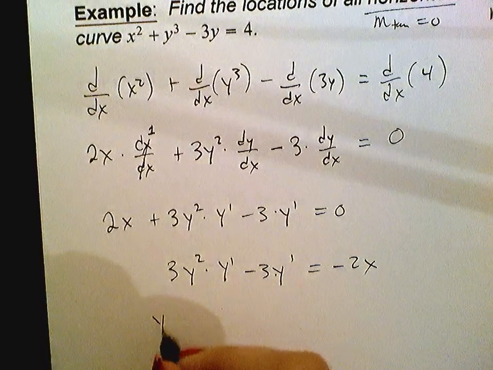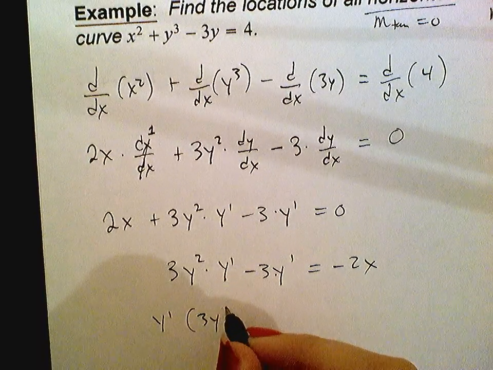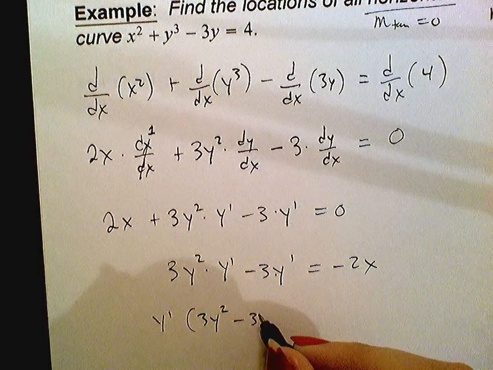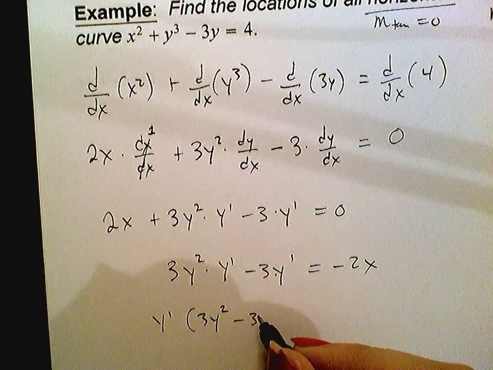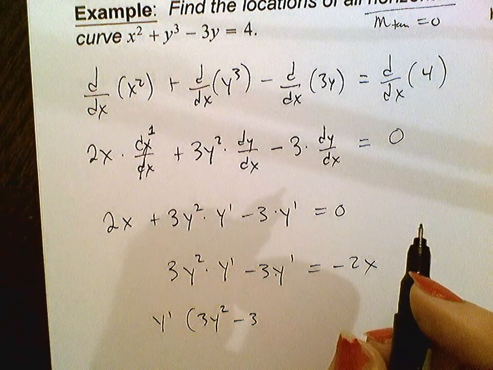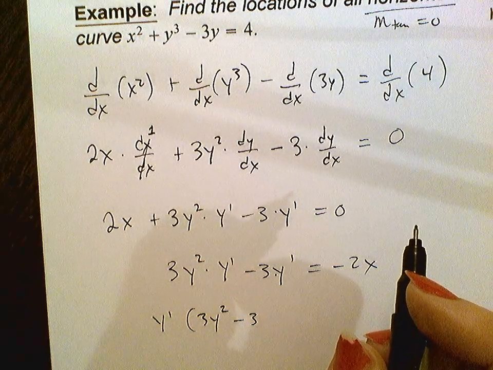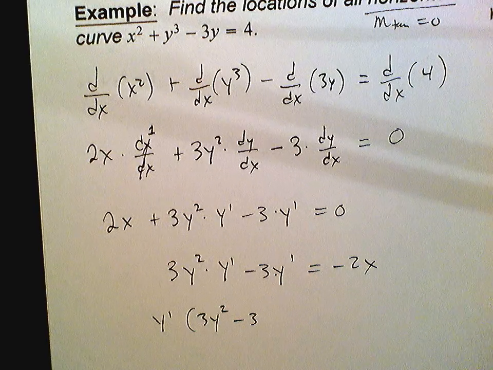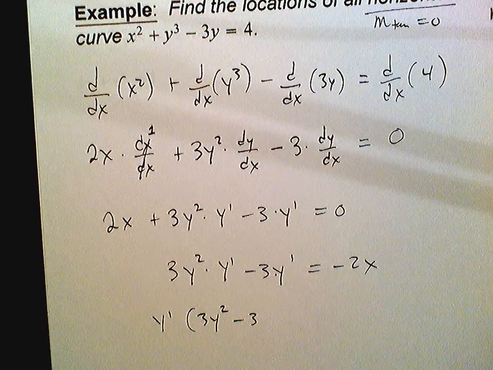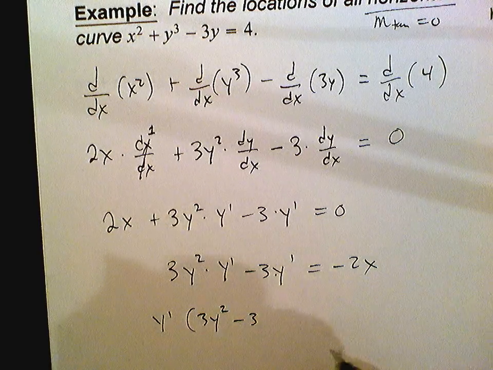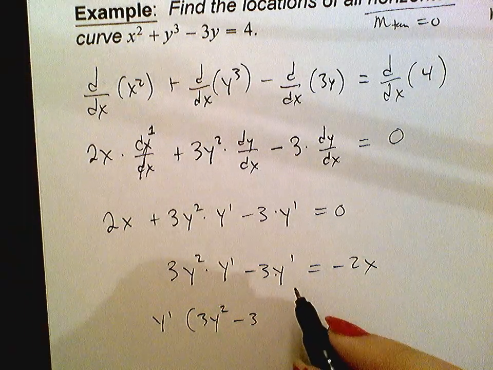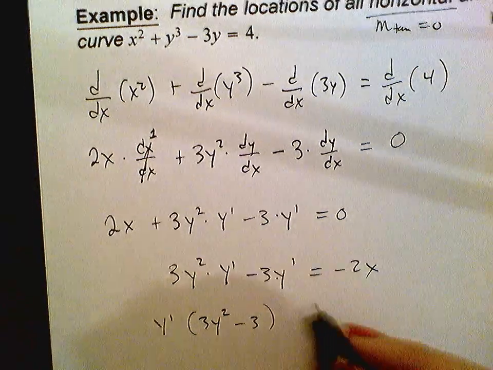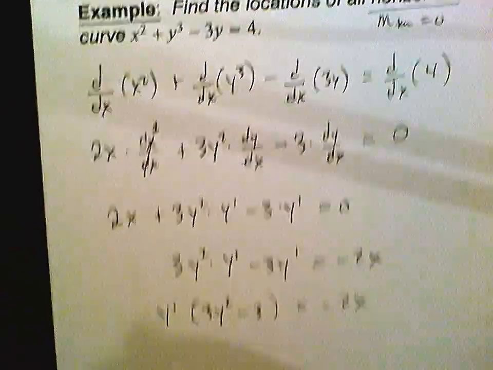Okay, and then I factor out y prime: y prime times 3y squared minus 3 equals negative 2x.